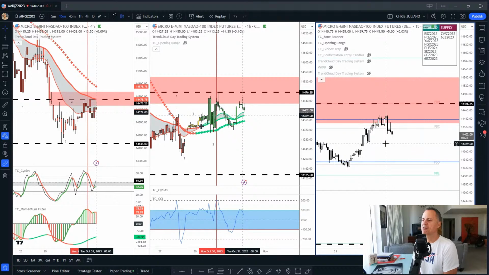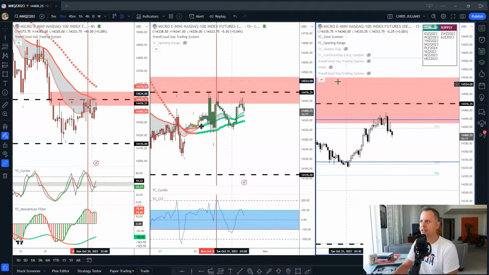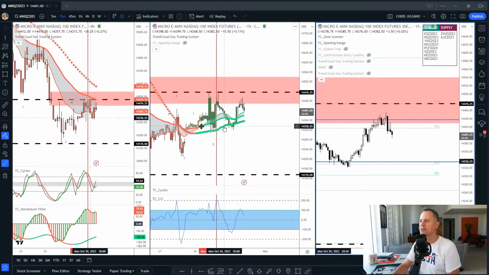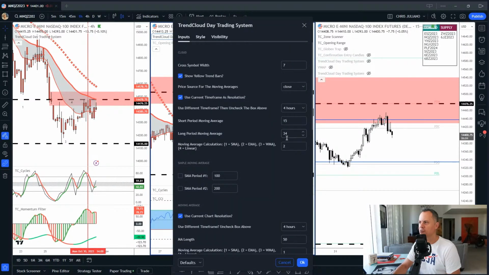And the biggest thing is if you're using the whole TrendCloud system here, you've got something that's already back tested and making money. It's optimized. Even the TrendCloud itself, the numbers here, these are all adjustable too, guys.